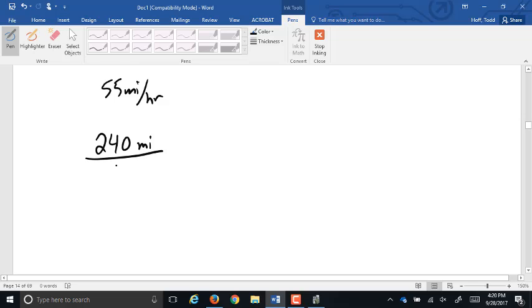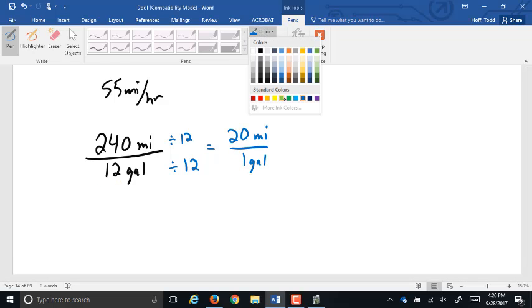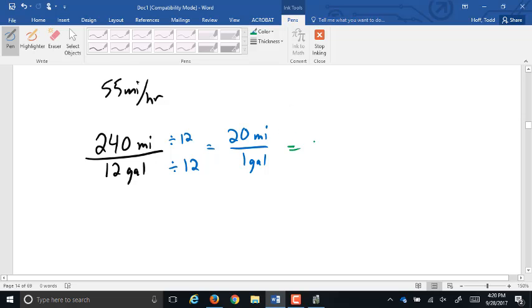That tank of gas turns out to be 12 gallons. Well, for rates, we tend to convert them into unit rates. So we're going to divide by the 12 on bottom. 240 divided by 12 is 20 miles. 12 gallons divided by 12 is 1 gallon. So 20 miles over 1 gallon, we'll take it into 20 miles per gallon.